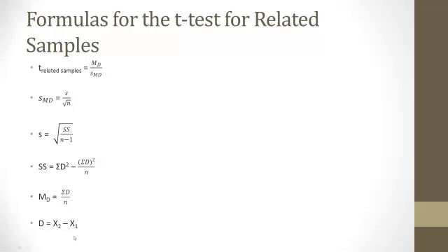Or if you were doing the matched subjects design, you would have the score on the dependent variable for the person in the pair who received the second level of the independent variable, minus the score on the dependent variable of the person in the pair who got the first level of the independent variable.